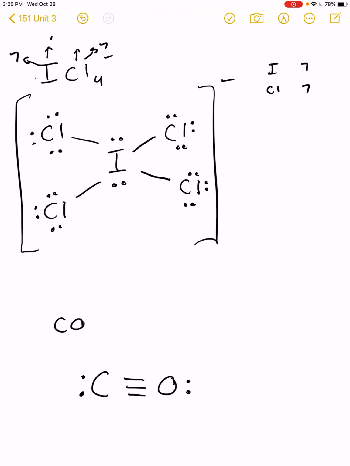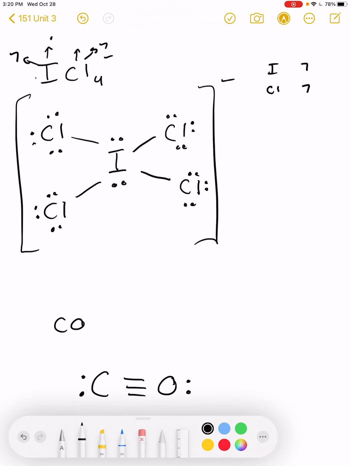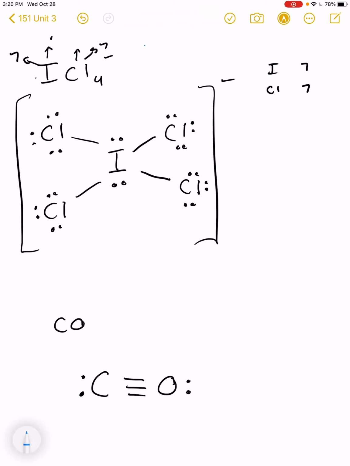Then, to get the formal charge, I'm simply going to go through the dot structures and take one away, or count one off, from those initial numbers for each dot and for each line.